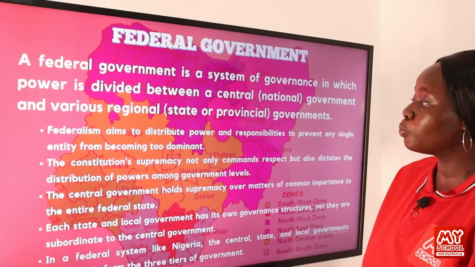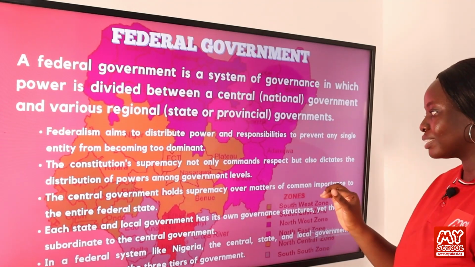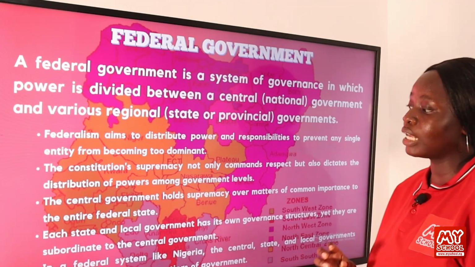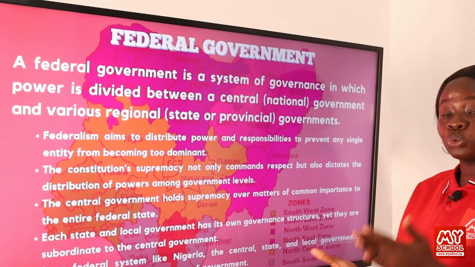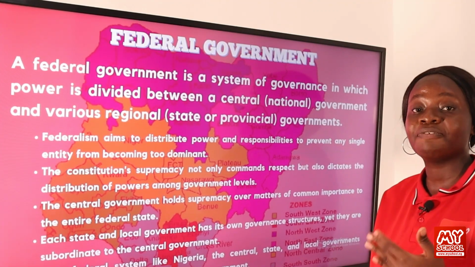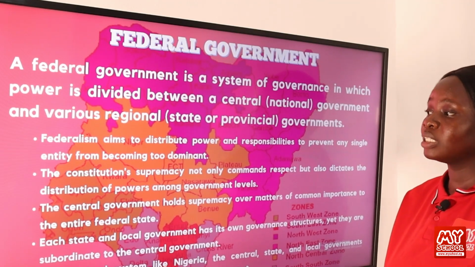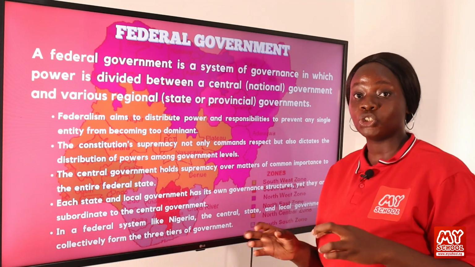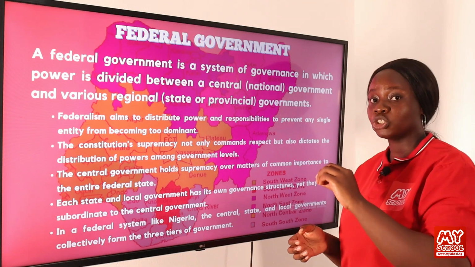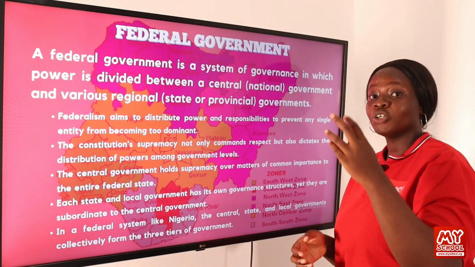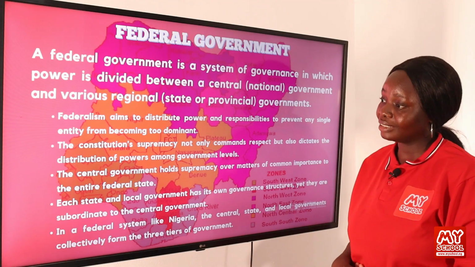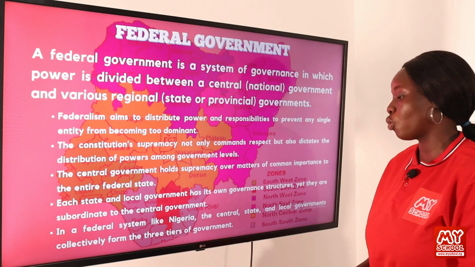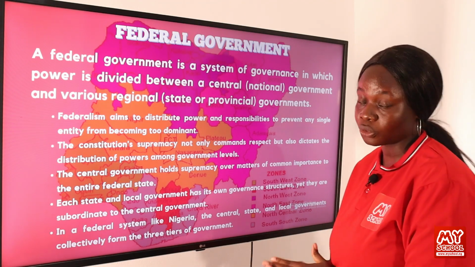So the constitution's supremacy not only commands respect, but also dictates the distribution of power among government levels. So the constitution is supreme in a federal system of government. This ensures that the powers of these different units are outlined within the constitution and are obeyed and respected by each of the various levels within this system. So the central government holds supremacy over matters of common importance to the entire federal state.